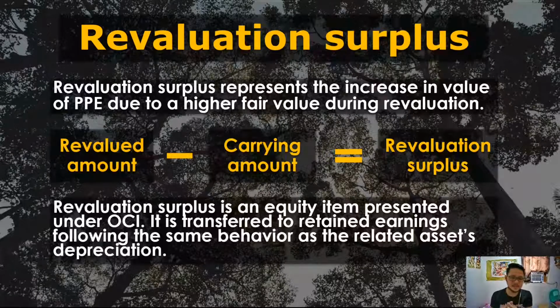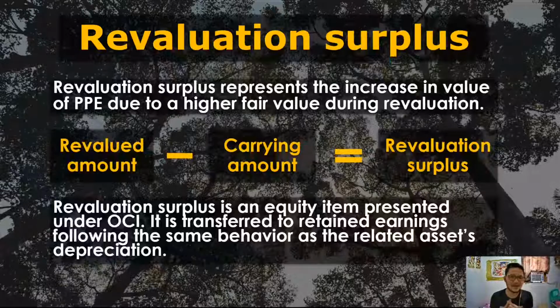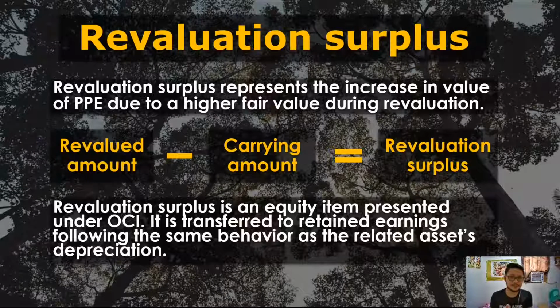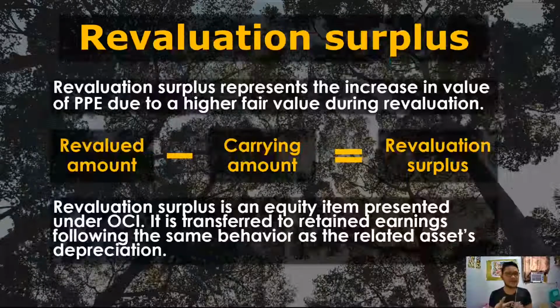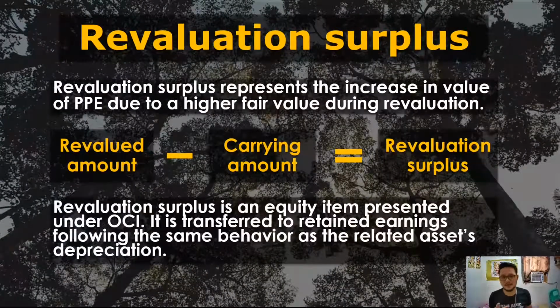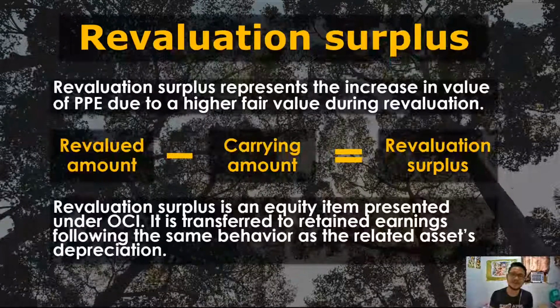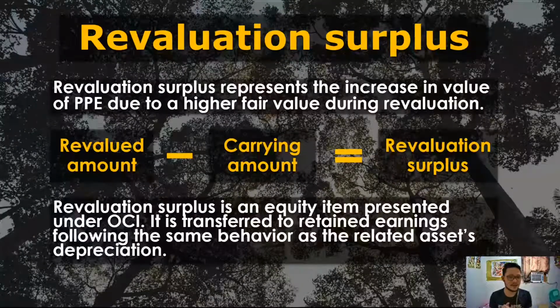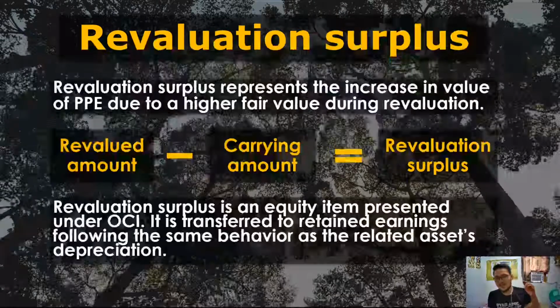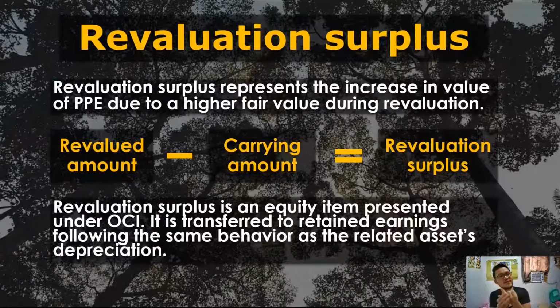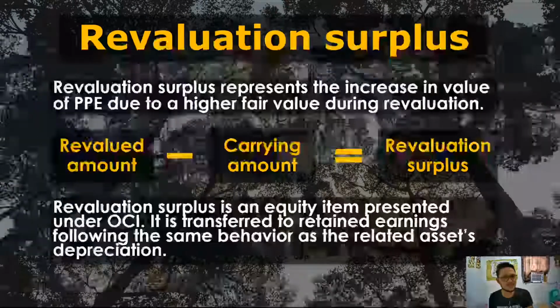Which means na kapag diretso yan sa retained earnings, pwede yan ma-declare as dividends. Whereby, if an item is in OCI, hindi mailagay sa profit or loss, it is not yet available to be cashed in by the shareholders. Hindi mo pa pwede ma-distribute sa shareholders ang OCI. When siya pwede ma-distribute? Kapag ma-transfer na ang OCI to retained earnings, which follows when the asset is depreciated or if the asset is sold to an external party.